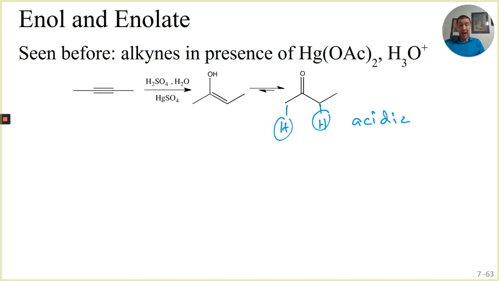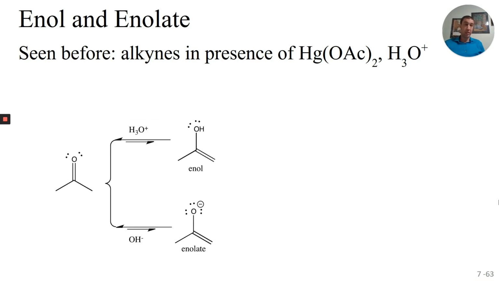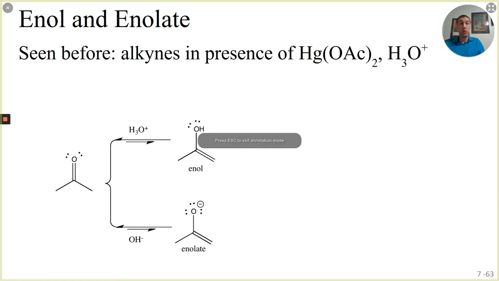We can take advantage of that chemistry, and that's where we get keto-enol tautomerization. Ketones under acidic conditions can move to become enols, and ketones under basic conditions can move to become enolates. Okay? The enolate tends to be a little bit easier for most people to see and work with, and that's largely because we have the negative charge there. The nucleophile presence is pretty apparent. Okay? We have a negative charge on our structure.